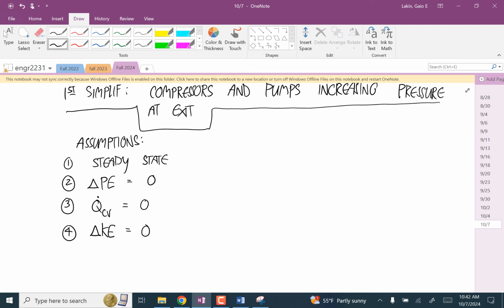W dot is not going to be 0. This time that W dot is referring to the electric power, or mechanically, the rotating shafts coming in to create this difference in pressure. So it's like the opposite of a turbine. A turbine is outputting power. This is inputting power.